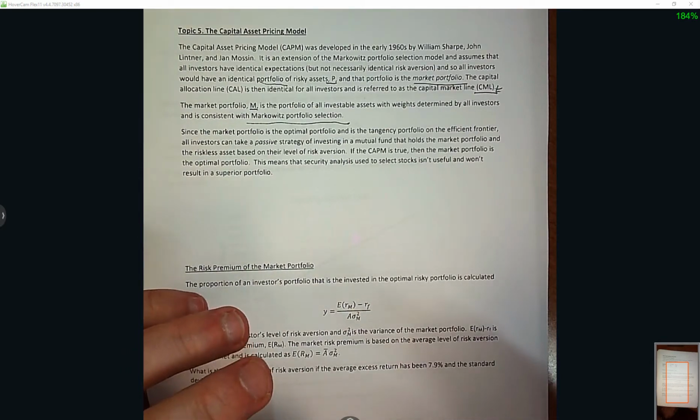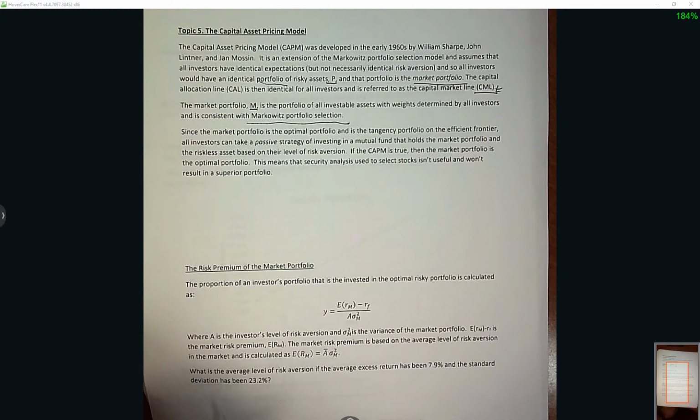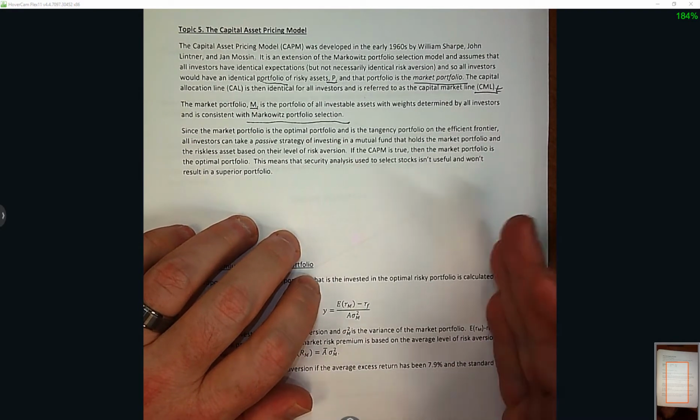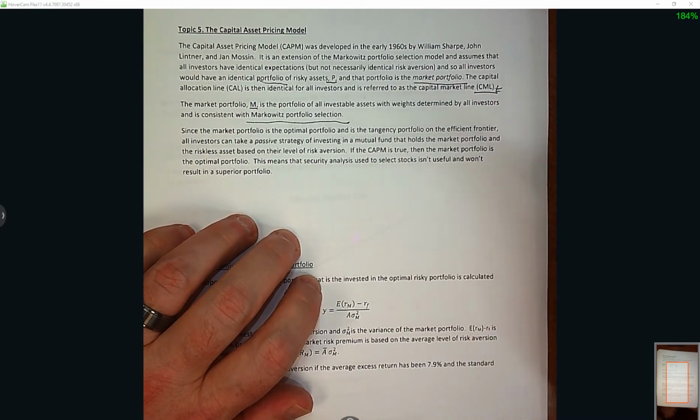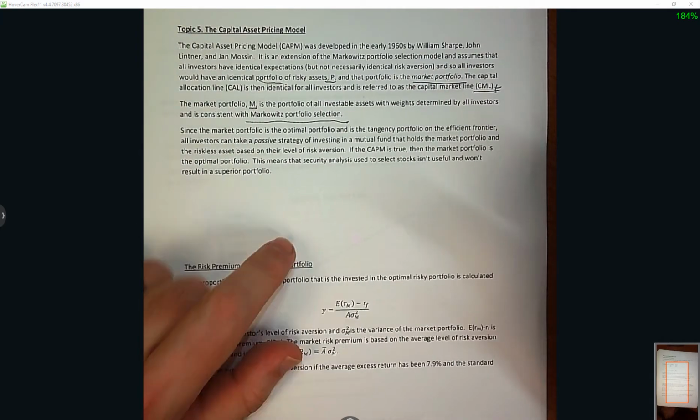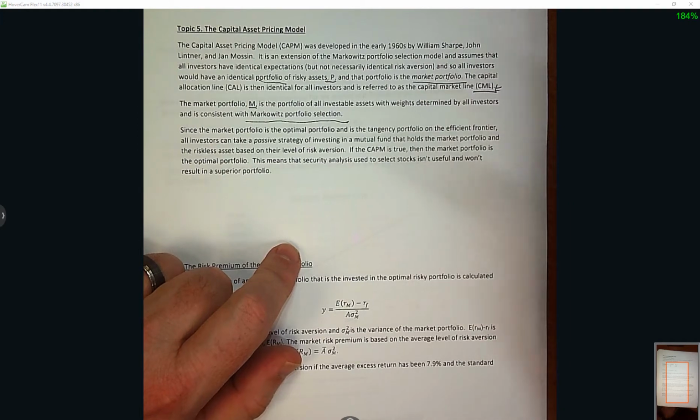would be the same. And so the determination of where an individual would be at for the complete portfolio would be between the market portfolio, the best portfolio of risky assets, and the risk-free rate and the risk-free asset. And that would depend on our level of risk aversion.